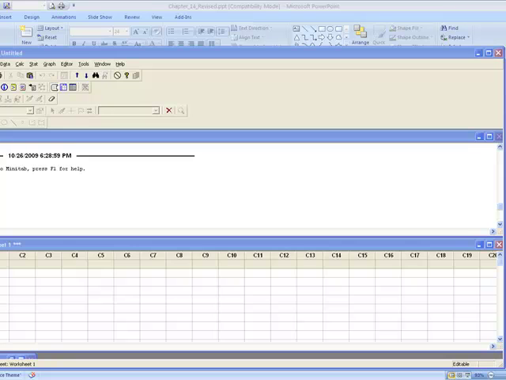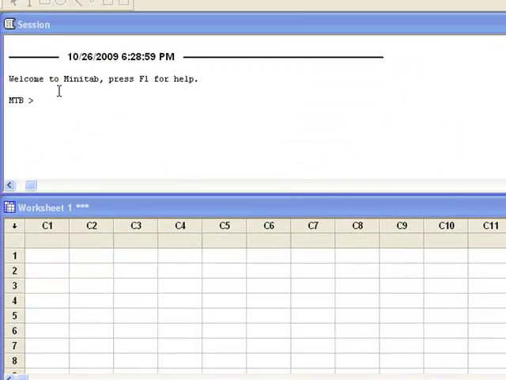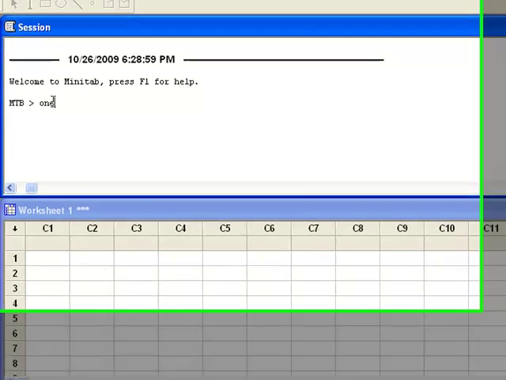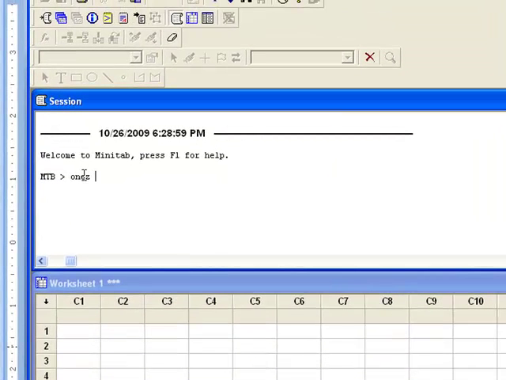So right in here, at the prompt, we're going to say 1Z, and give the N, which was 35, and my sample mean, which was 55, semicolon. Then I have to let it know what the sigma was, my population standard deviation that was given to us in the problem, which was $13.